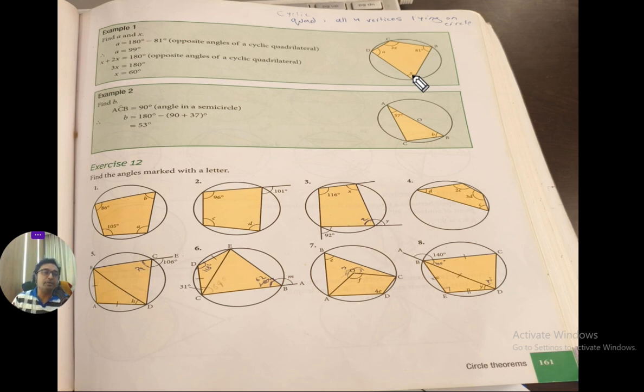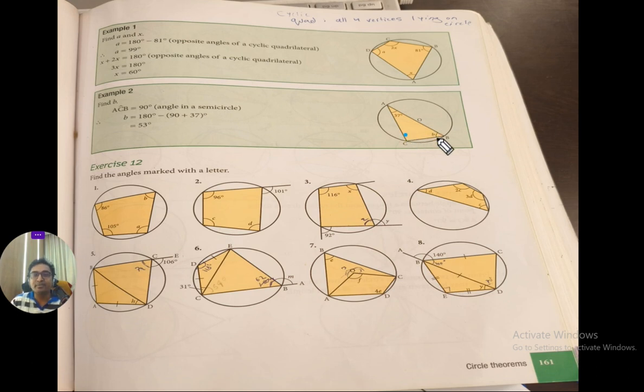If any doubt, rewind and replay. Next is coming, find B. It says find B. This is B, this is 37. And what is AB? Passing through the center. Passing through the center, that means this is a right angle, that is 90 degrees. If this is 90, this is 37, so B plus this is equal to 180 degrees.